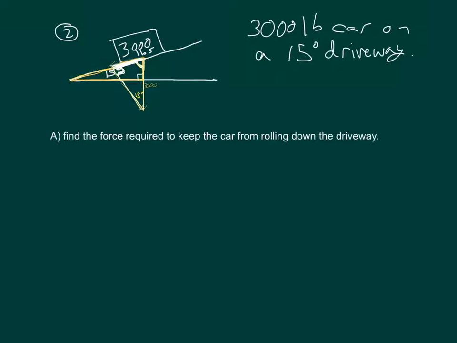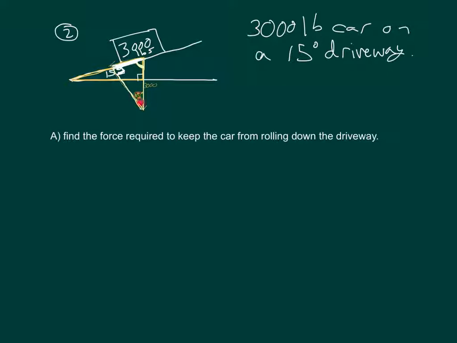Okay, sort of fixed it, but I lost that second question, so oh well. So right now we can do our calculations here. Find the force required to keep the car from rolling down the driveway. So if we look at our right triangle there, we want to find the new horizontal piece that is parallel to the ramp.